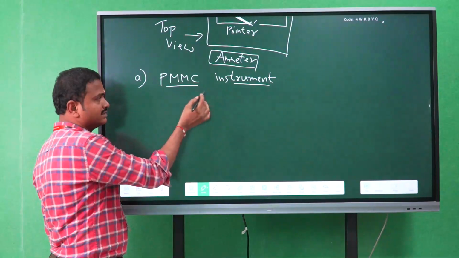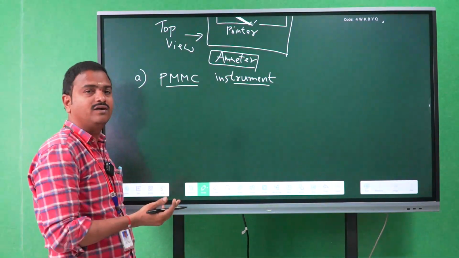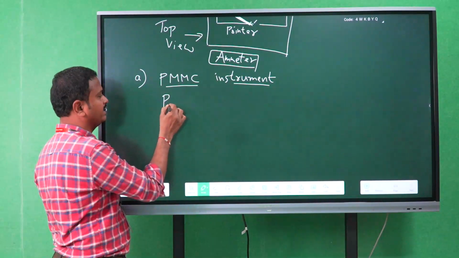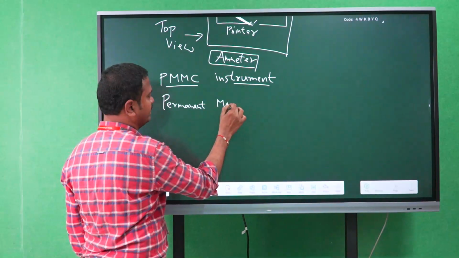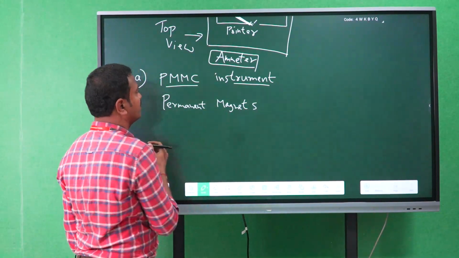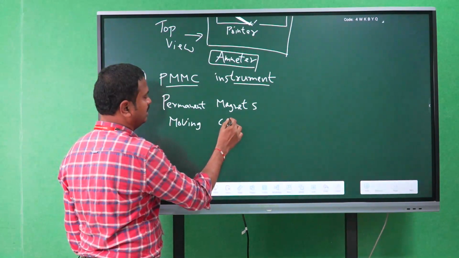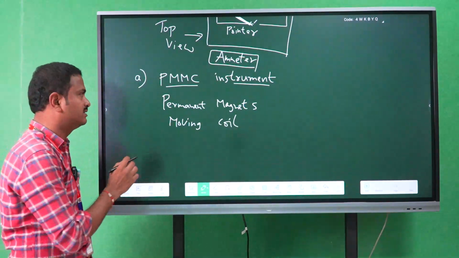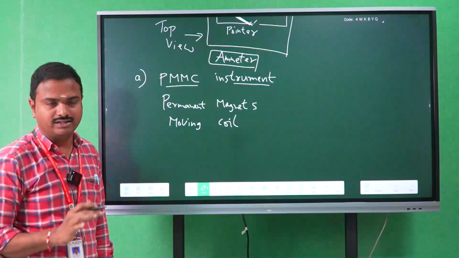In this instrument the construction consists of permanent magnets and a moving coil. That's why it is named the permanent magnet moving coil instrument.